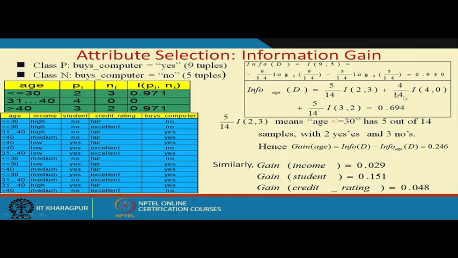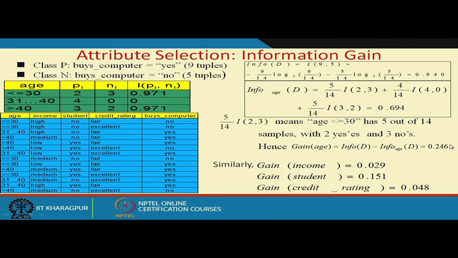So, taking the expected value of the information content of these partitions over all these 3 parts of the data set turns out to be this much. This computation you do by yourself. So, information gain is the difference between this 0.940 and the information content due to age.